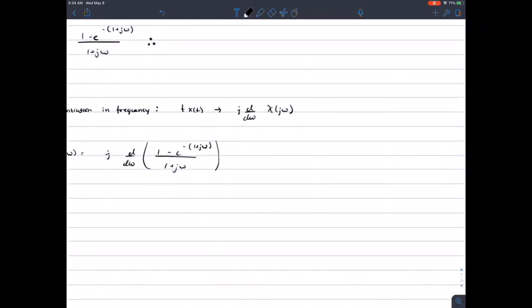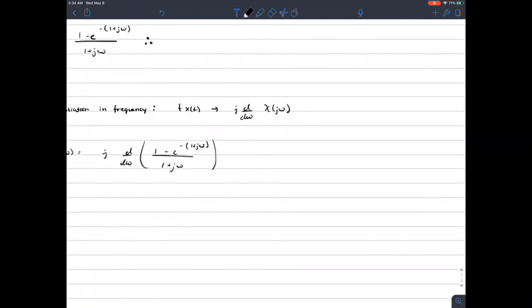Alright, if you remember from Cal 1, when you're taking the derivative of a fraction that has the variable in both numerator and denominator, it's the quotient rule. So it's going to be f prime g minus g prime f, all over g squared.